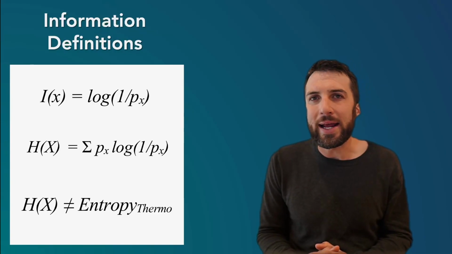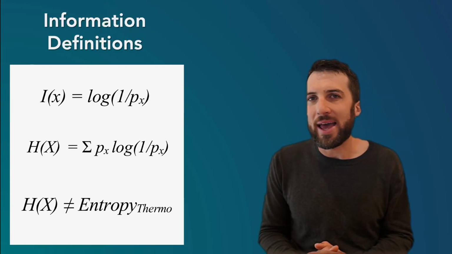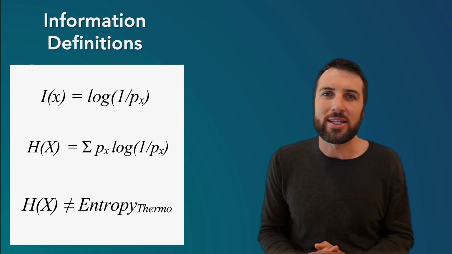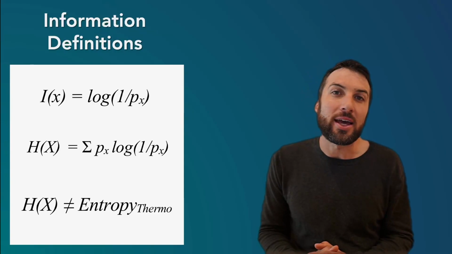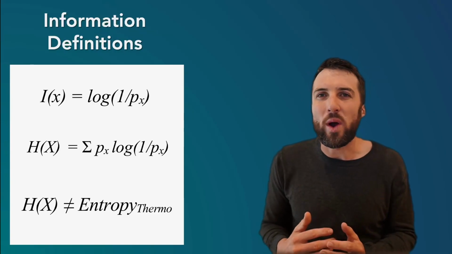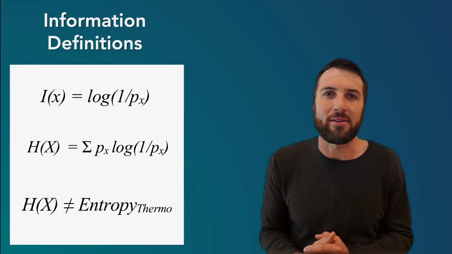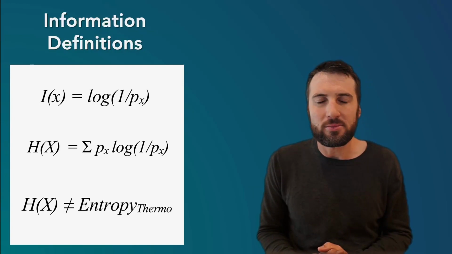Now, what Shannon entropy is essentially is this information measure, but averaged out across many outcomes. So it's the sum of the probability of X and the log of the inverse of probability of X. This could be thought of as like a weighted average, the expected amount of information to quantify many different events.